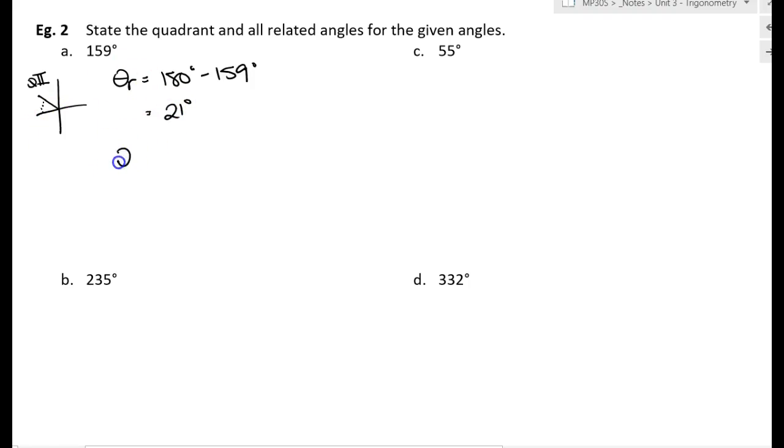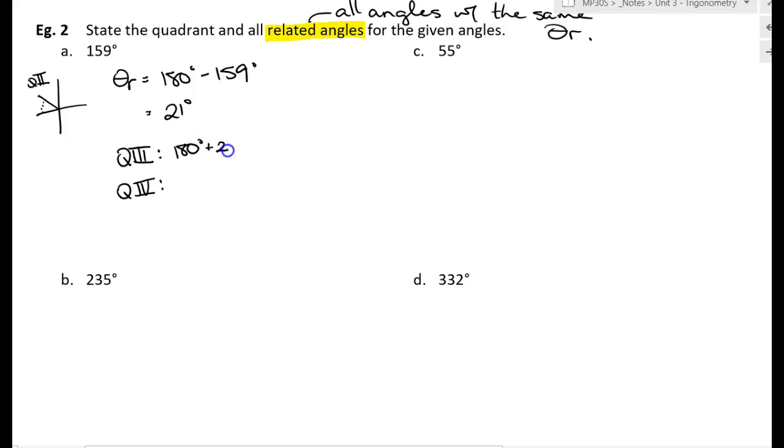I can also have angles in quadrant 3 that are related and quadrant 4 that are related. So that's what it means by related angles. I'm talking about all the angles with the same reference angle. So I can take this into quadrant 3, and I'm going to go 180 plus 21.